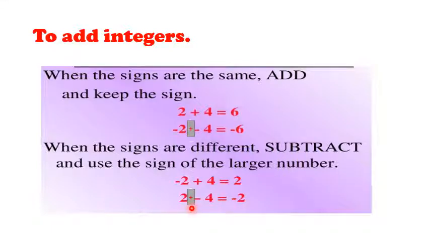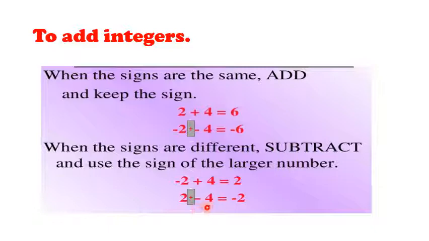In another example, I have 2 plus negative 4. I have a negative integer and a positive integer, and I want to add them. So the signs are different. So I will subtract, then use the sign of the larger number.